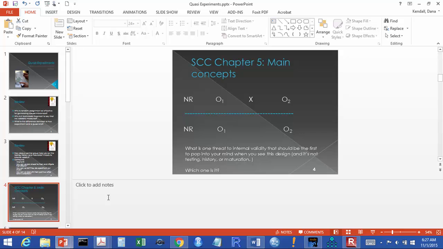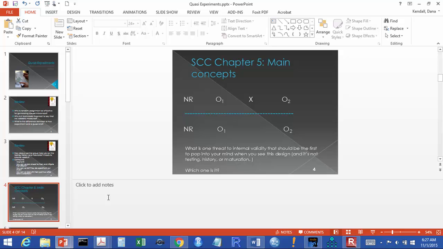All right, so just a couple of main concepts from Chapter 5 and then I'll wrap it up. There is a threat to internal validity that should be the most salient to you when you look at a design like this. There are several that could be in play: maturation, testing, instrumentation.